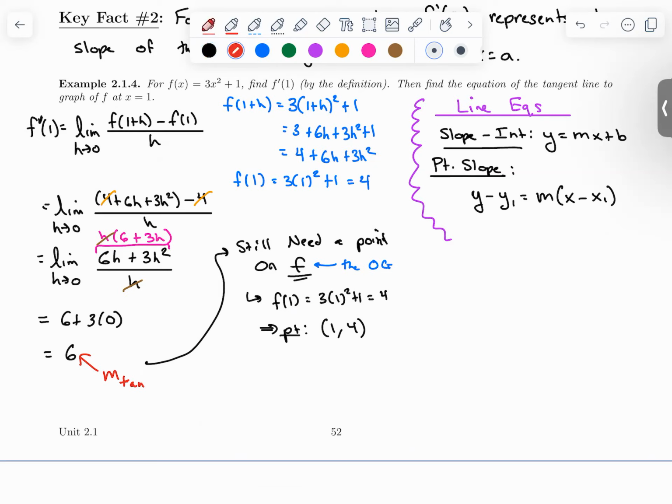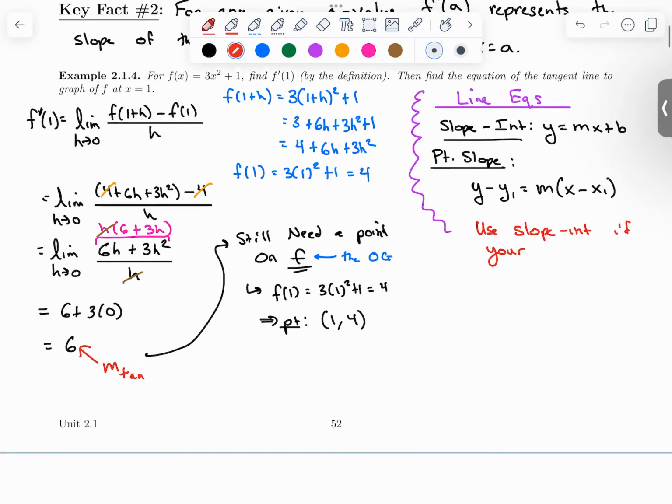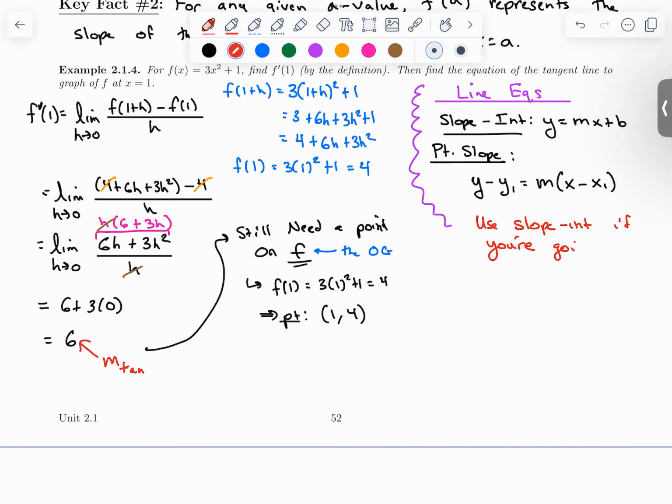So use slope intercept if you're going to do something with the tangent line.